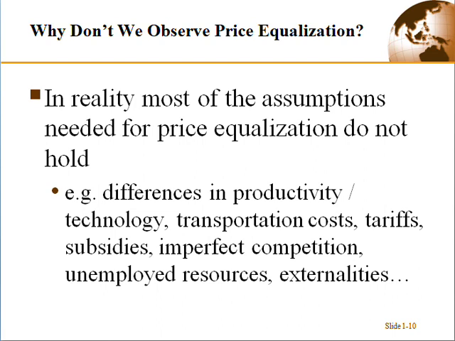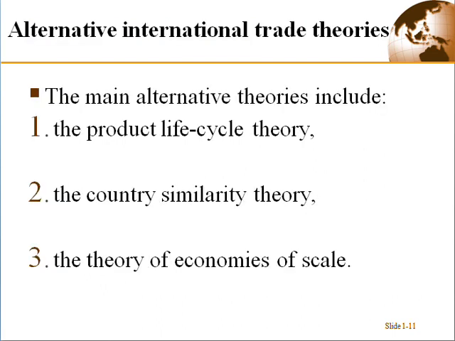Because these assumptions on which the price equalization theorem is built are hardly attainable, we hardly observe price equalization among the countries that are competing. And that is why effort has been made to suggest other theories to explain international trade.